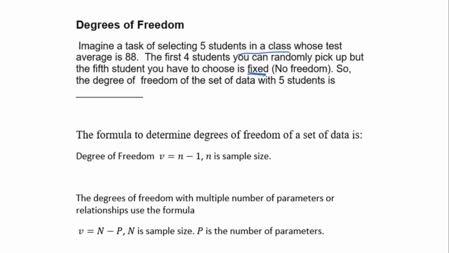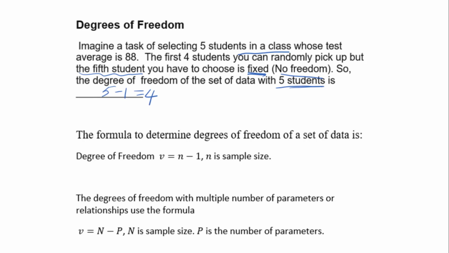In other words, the 5th student has no freedom. So the degree of freedom of the set of data with these 5 students is 5 minus 1 equals 4.